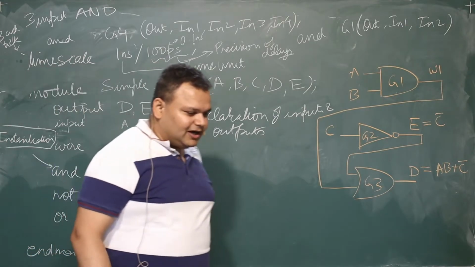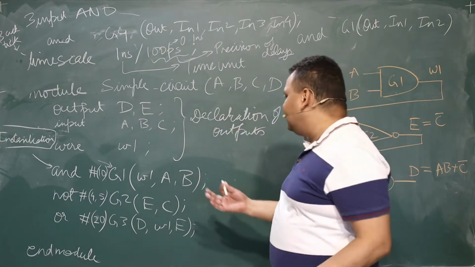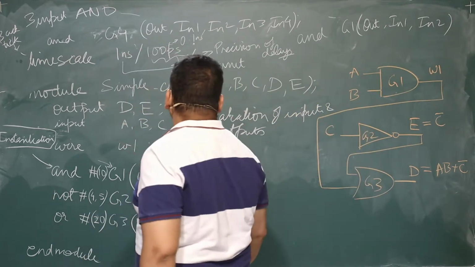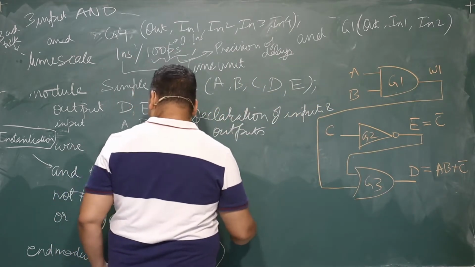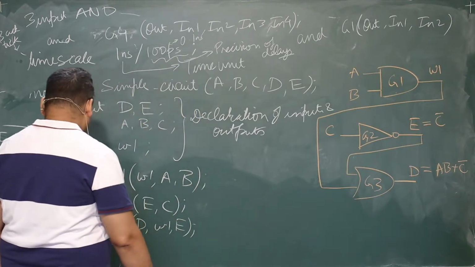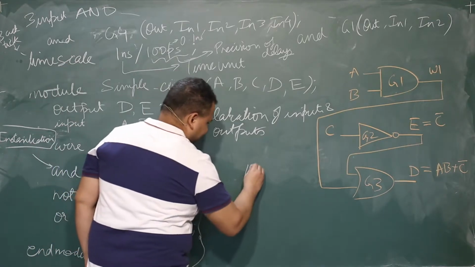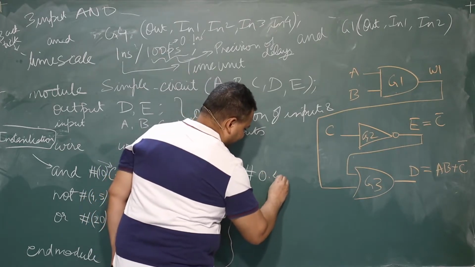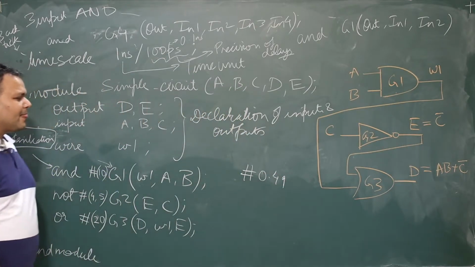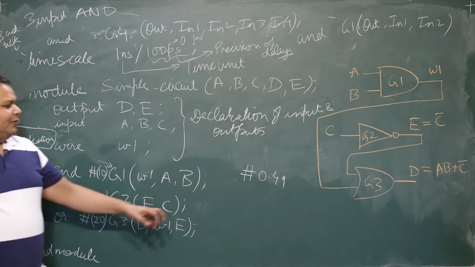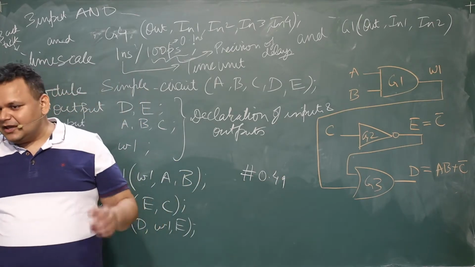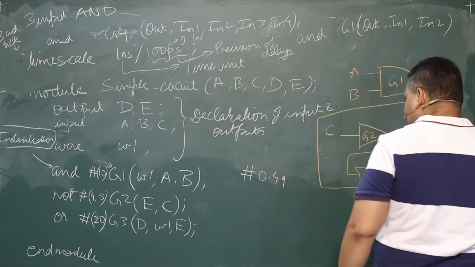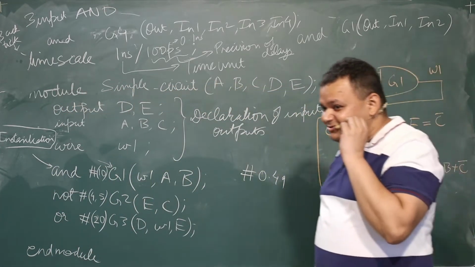And if you had fractional delays, let us say you choose something like hash 0.49. What is 0.49 going to be in terms of nanoseconds? It is going to be 0.49 nanoseconds.